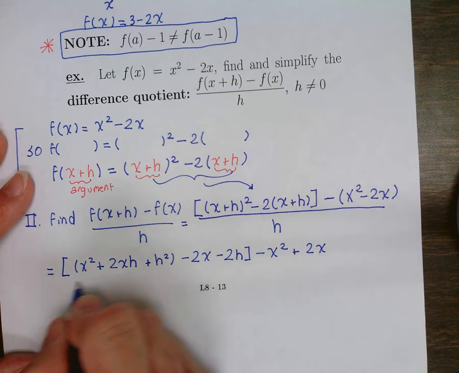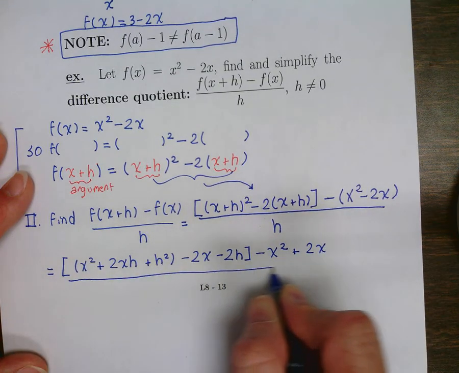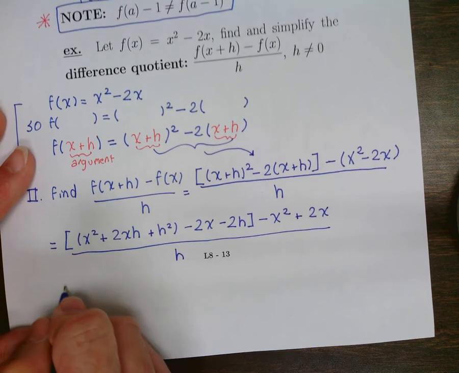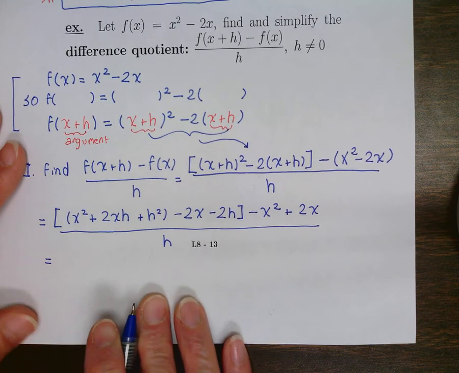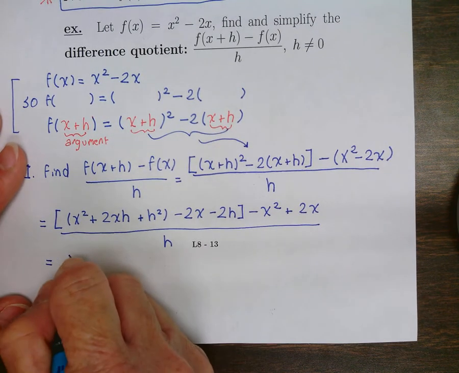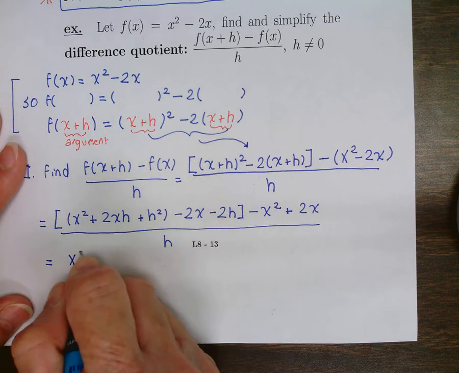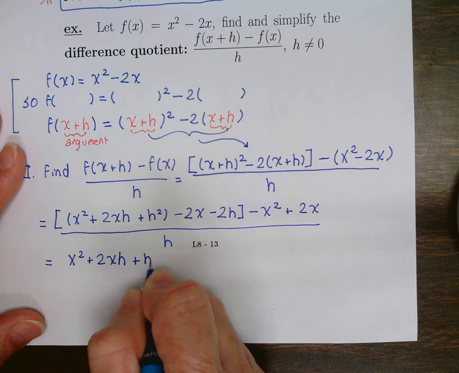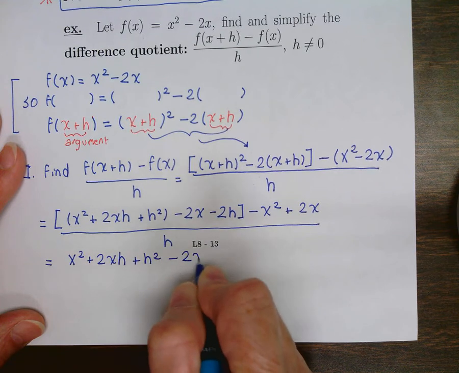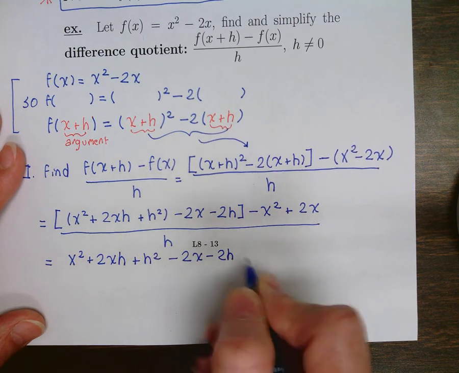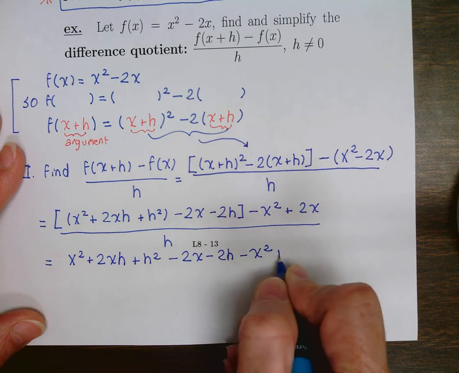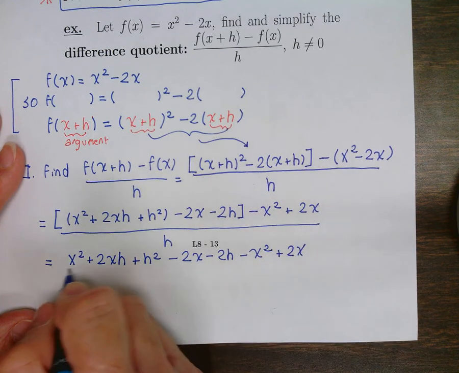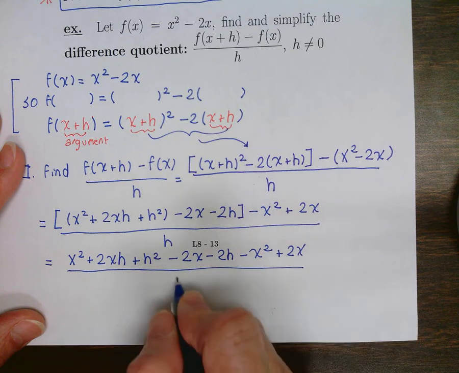Remember, we're trying to simplify this expression. Okay, and what do I get? I can drop the brackets now. It's x squared plus 2xh, and I can drop the parentheses, minus 2x minus 2h minus x squared plus 2x, all over h.